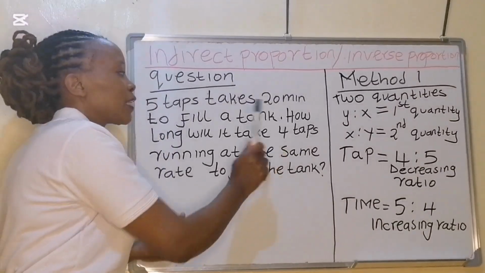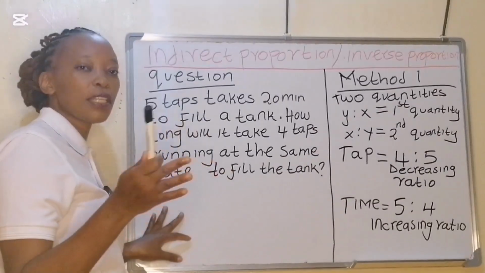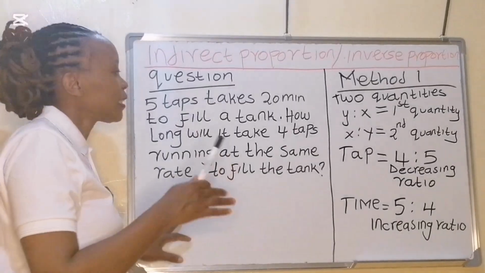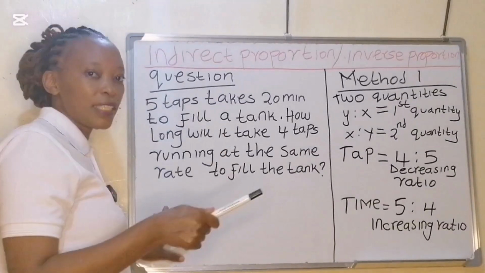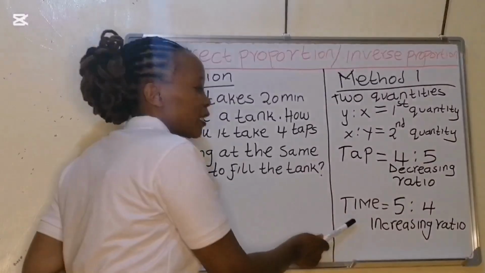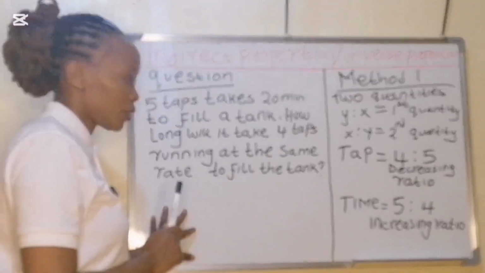Now the taps have decreased. You already know that time will increase. If the taps have decreased, time will increase. So we are going to use an increasing ratio to solve the question.